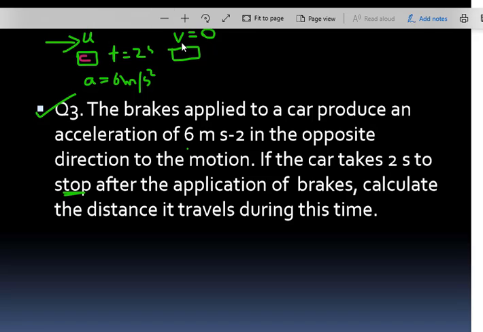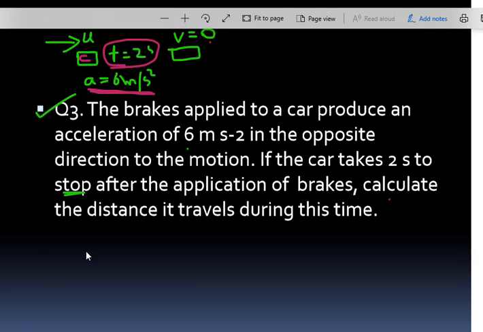Final velocity is v, which is equal to 0 because it is stopped here. From this position to this position, the time taken by the car is 2 seconds. When the brake is applied, the acceleration produced is 6 meter per second square. Okay. So here you need to find out, calculate the distance traveled during this time. What is the distance traveled by the car?